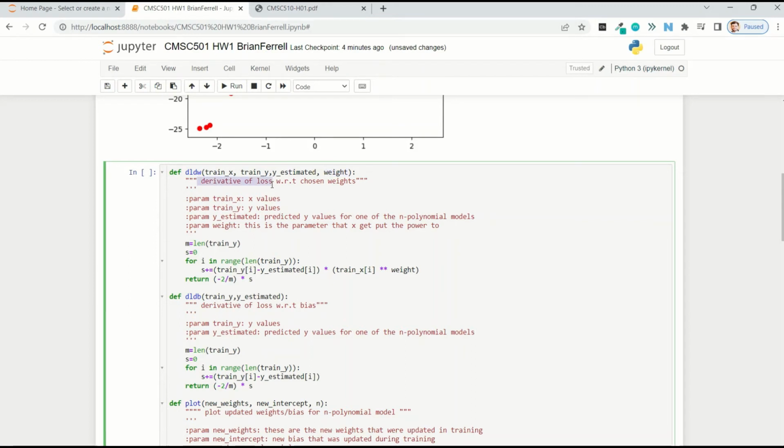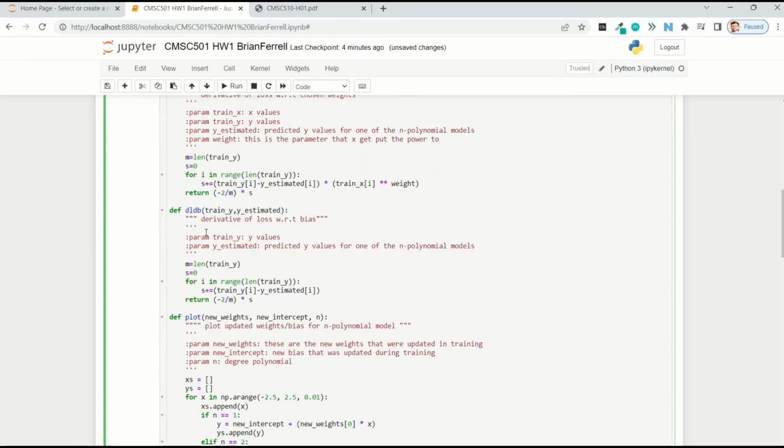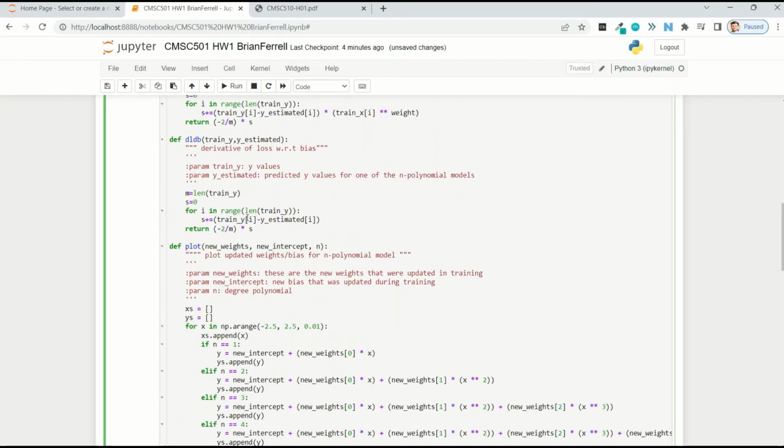This is our derivative of our loss with respect to whatever chosen weight we are doing. And our y estimate is going to be our predicted y values for one of the 5 models, which is just polynomial. Same thing with the weight. There's really no difference. The only difference is this function doesn't have this part right here.